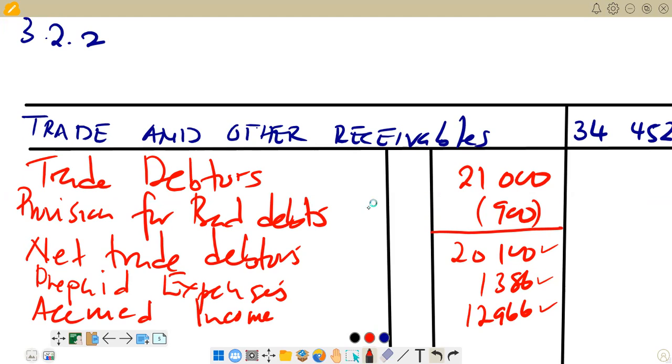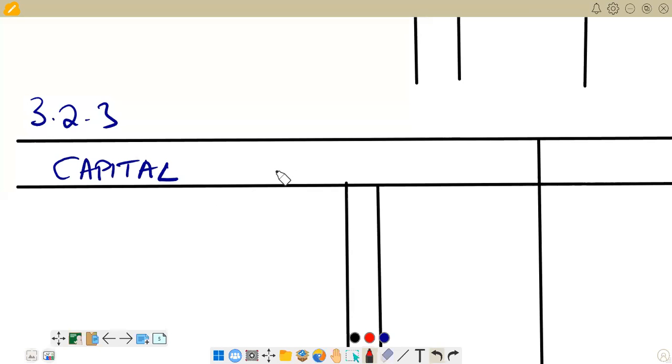Then we are now left with the note for capital. So this is our capital note.